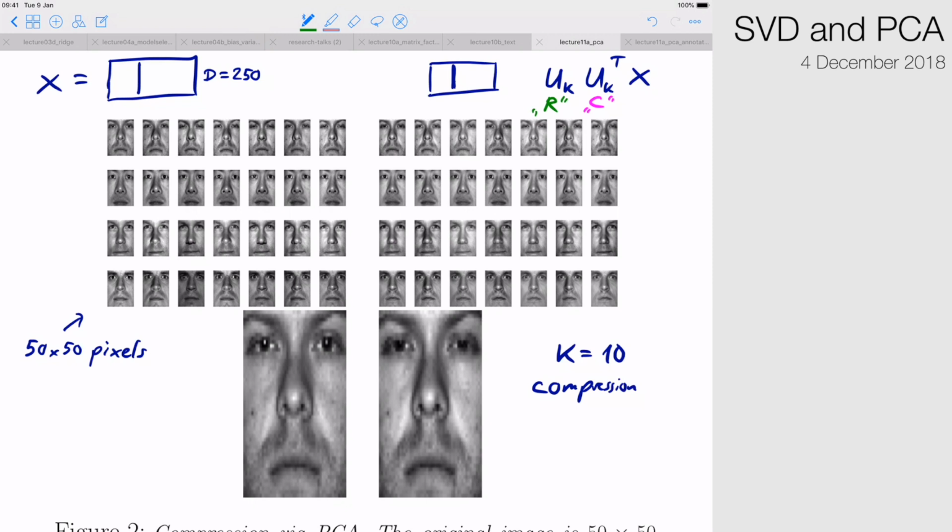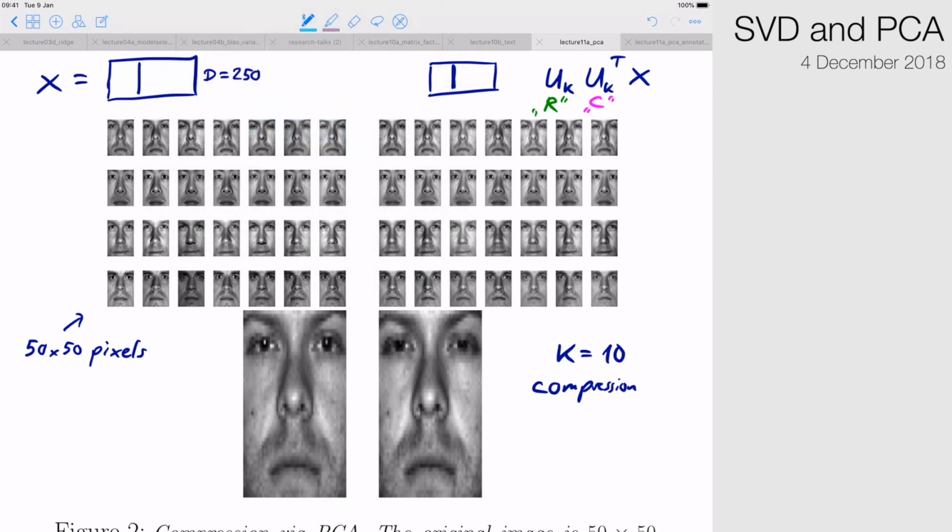So what has happened is that we have found 10 vectors, k equal 10, which are not really a basis of our images, but almost. What are these U_k vectors? We have found 10 of them, the 10 most important components or directions. That's our U_k.